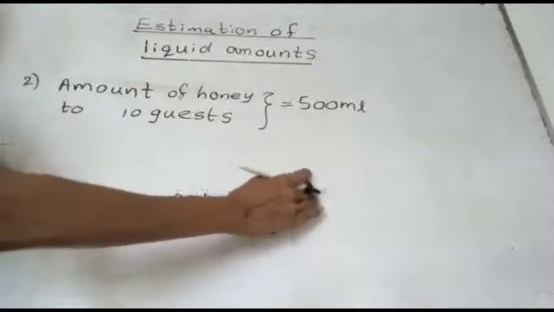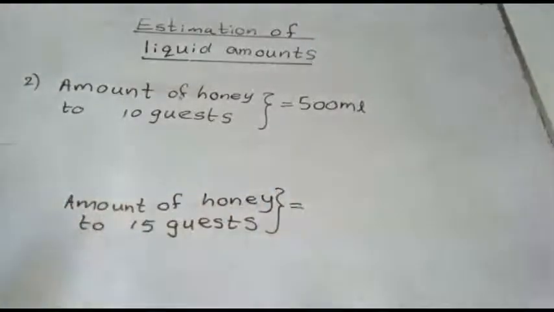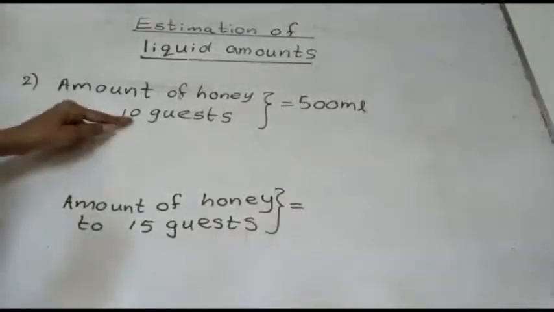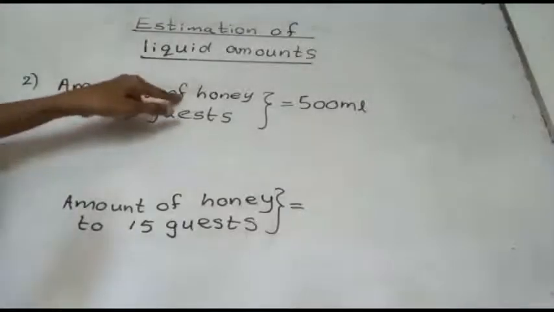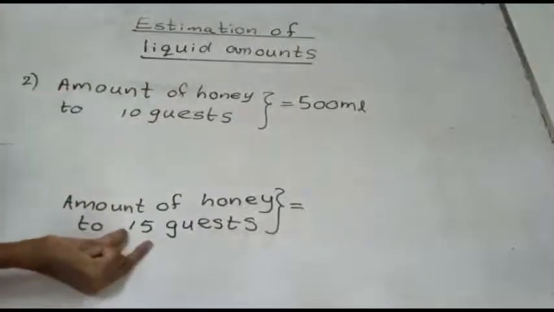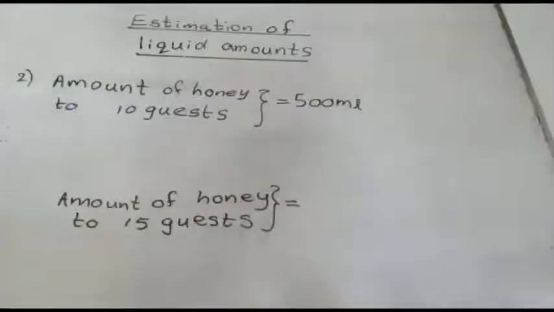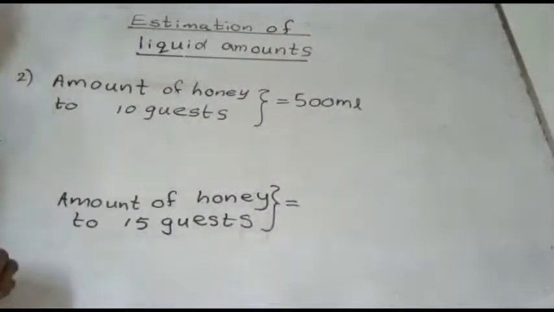We can find the answer with so many methods. Here 15 is equal to 5 times 3.